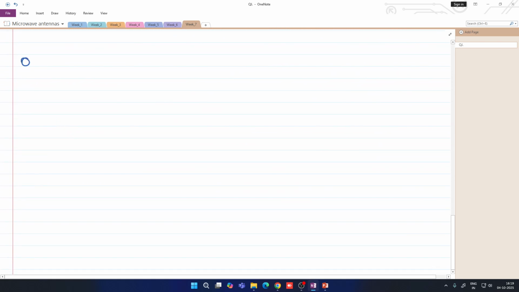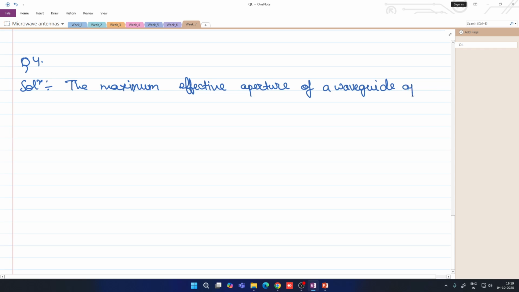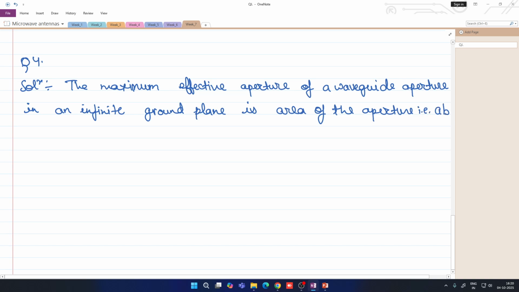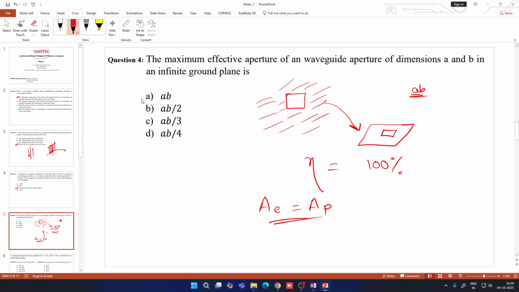I will note it down here. Question 4. The maximum effective aperture of a waveguide aperture in an infinite ground plane is the area of the aperture, that is A into B. If we match the options, the correct option is A. I hope question 4 is clear.